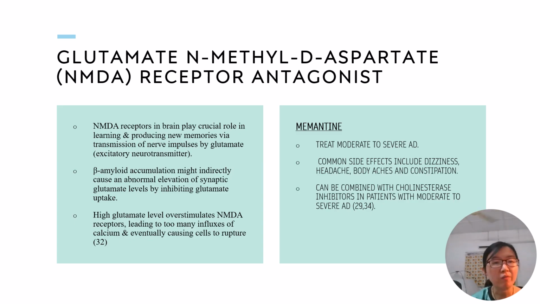The accumulation of amyloid beta causes an elevation of glutamate levels by inhibiting glutamate uptake, which overstimulates the NMDA receptors, leading to too much influx of calcium, leading to cell rupture. One example of an NMDA antagonist is memantine, which can be combined with cholinesterase inhibitors in patients with moderate to severe AD.